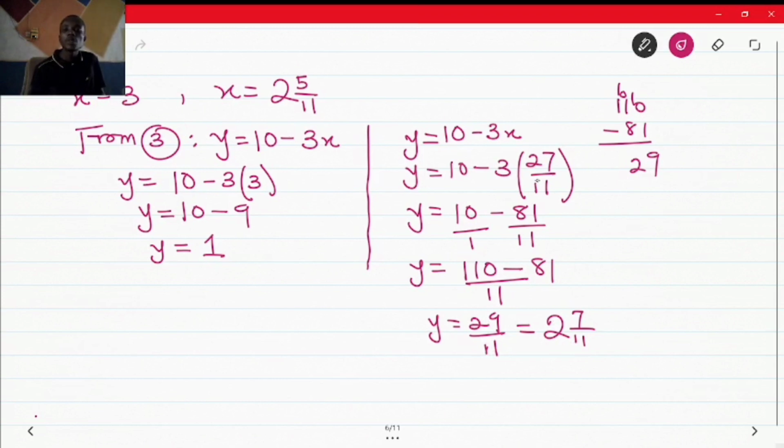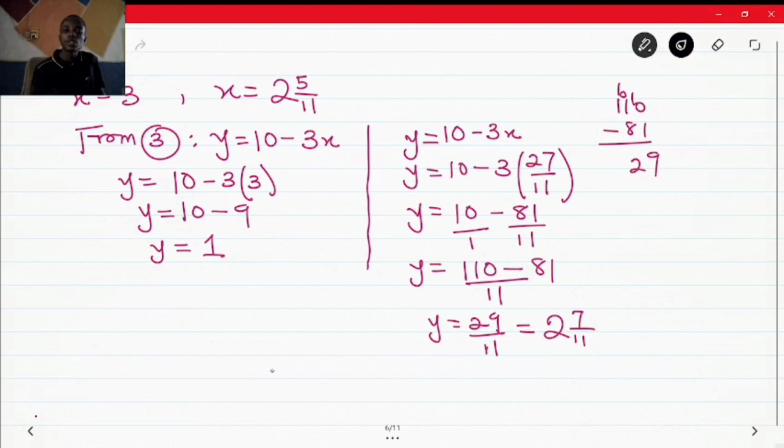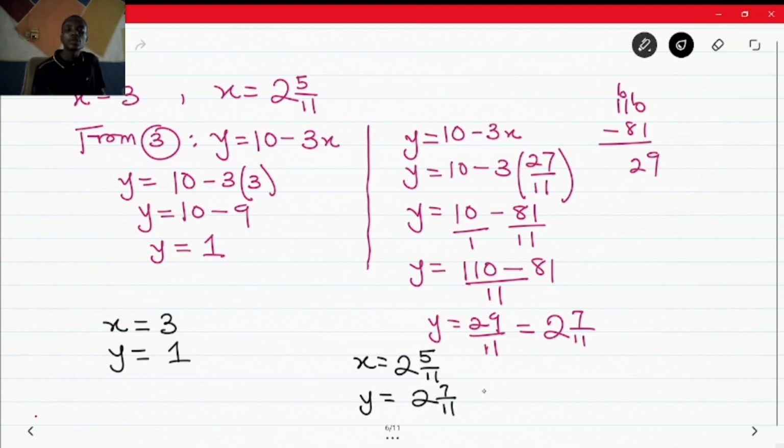So I've gotten my answer now. My answer is x equals 3 and y equals 1, and also x equals 2 whole number 5 over 11, and y equals 2 whole number 7 over 11.